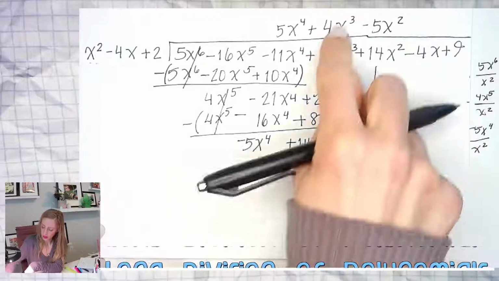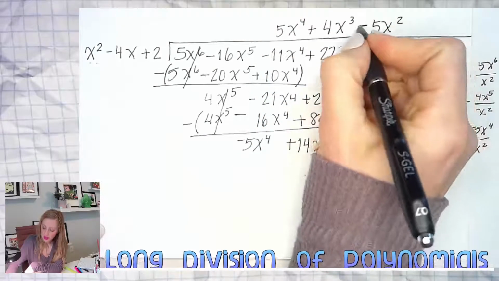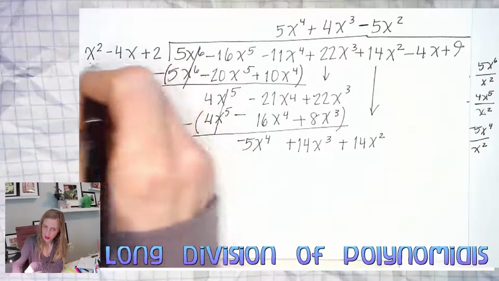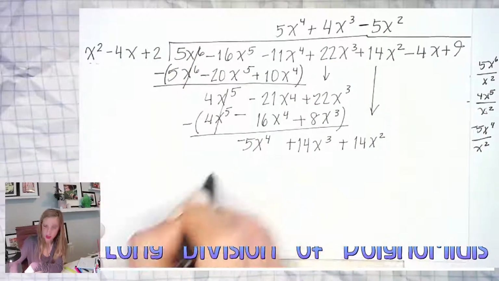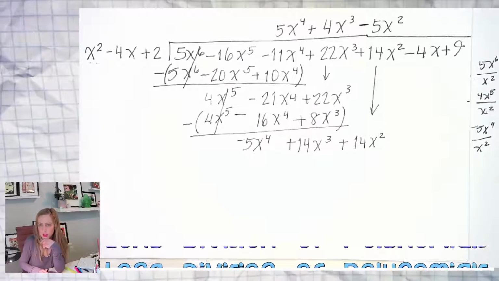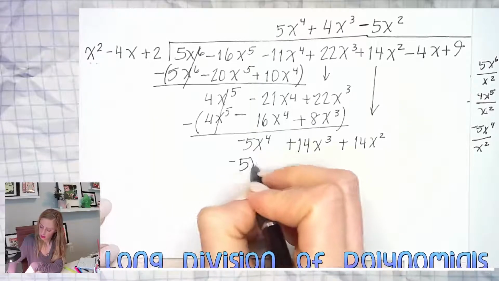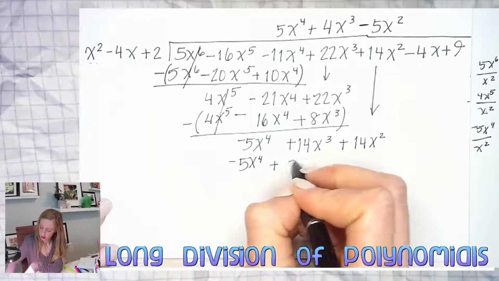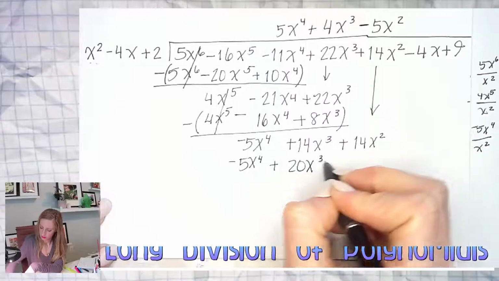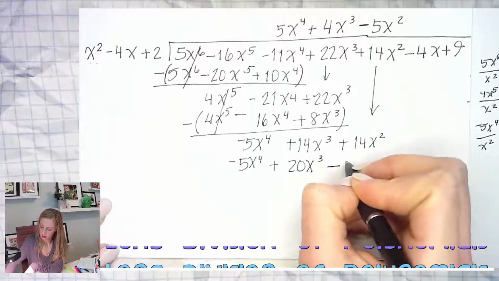All x squared, cubed, fourth, we're in good shape. Take this, negative 5x squared, multiply it by this over here, and write it underneath. What do we get underneath? Negative 5x to the fourth, and then plus 20x to the third, and then minus 10x to the second.